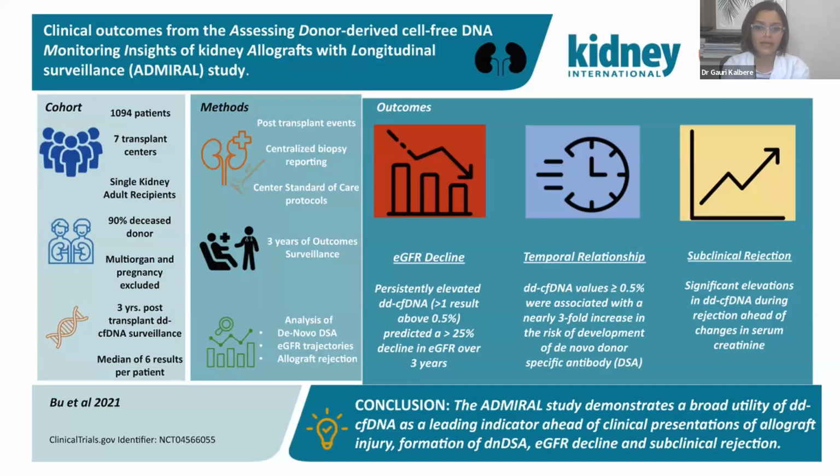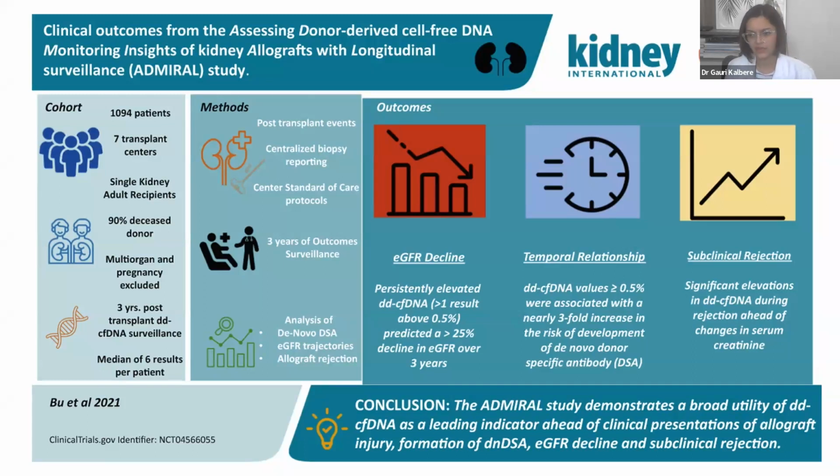They found out that persistently elevated levels... Again, the cutoff value they took from the previous studies as 0.5 and 1. So if you have above 0.5 percent, this predicted a greater than 25% decline in eGFR over a period of 3 years. And also, on repeated monitoring, if the donor-derived cell-free DNA is greater than 0.5%, it was associated with a 3-fold increase in the risk of de novo DSA.